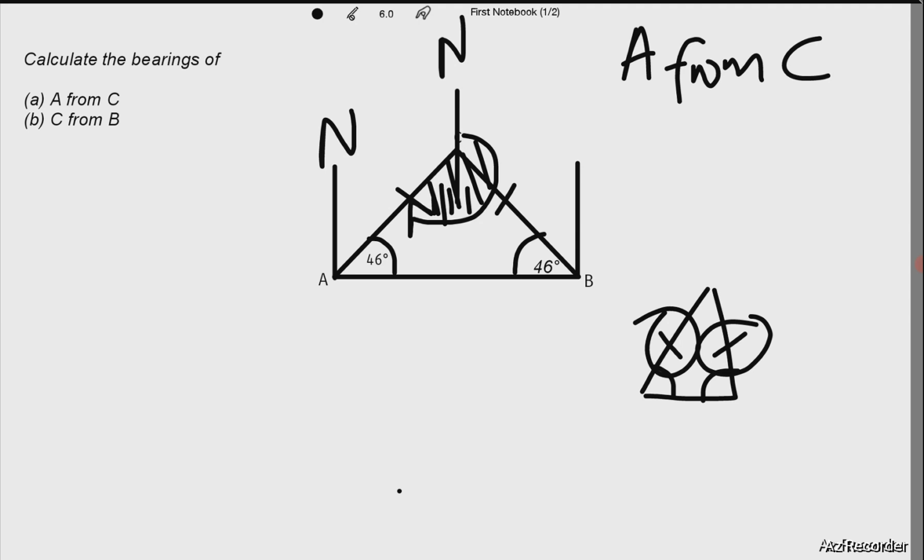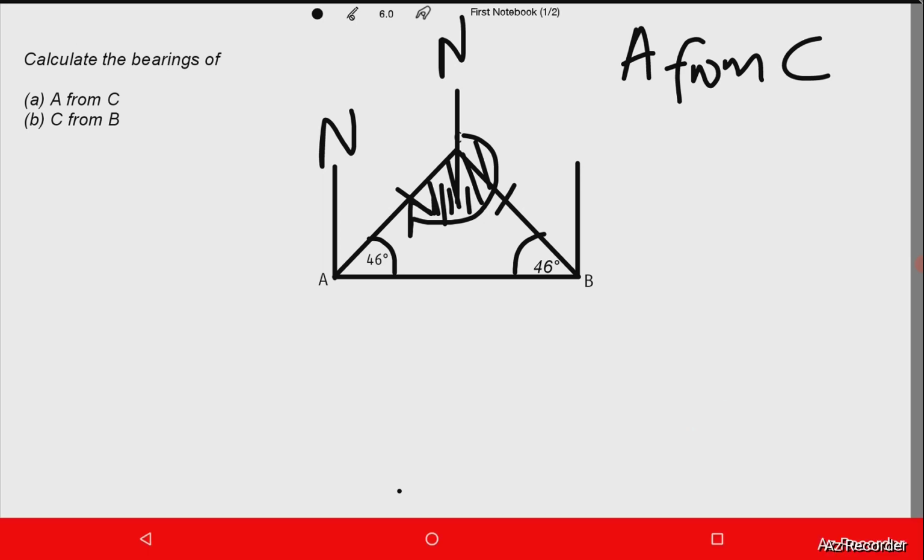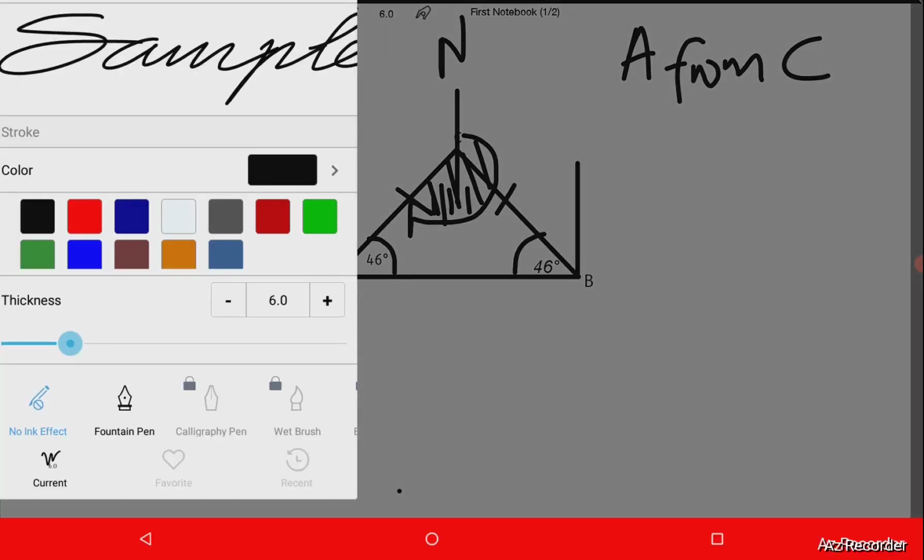Then we can apply another property. With bearings, you just need to apply properties of angles and properties of bearings themselves. First of all, we will find what is on the inside. Let me change this to red.